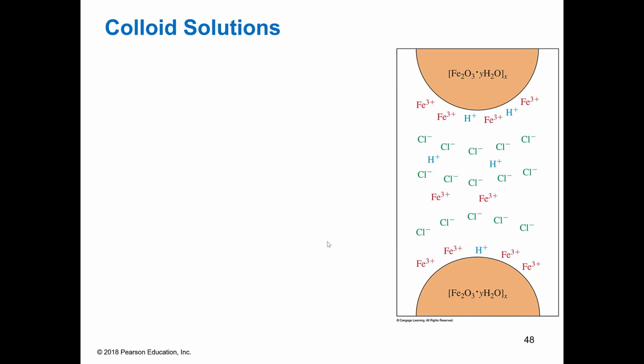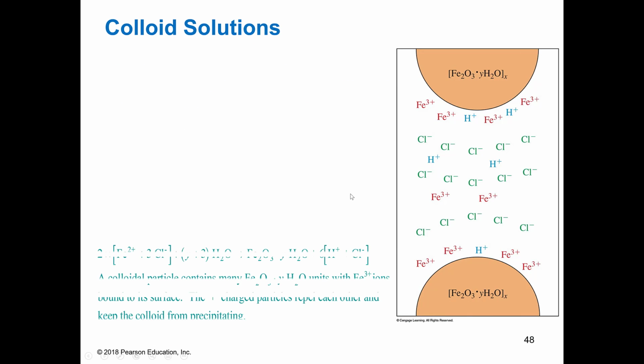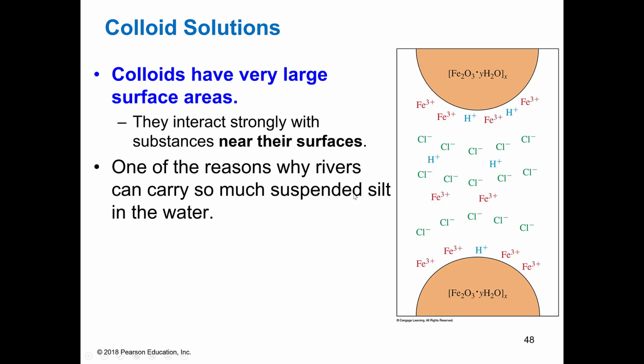And so, as you see, you can have various surface areas of these colloids. They get pretty big, and they can interact strongly at the surface with other molecules that are in there, especially with ions. If you've ever swum in a river, you know sometimes rivers don't look very clean, they look kind of muddy.